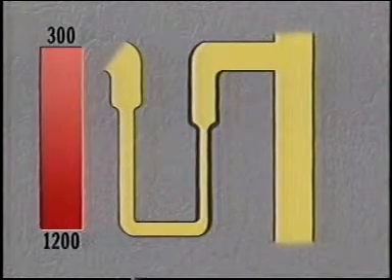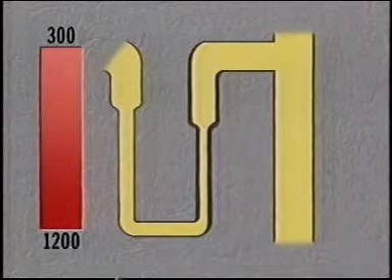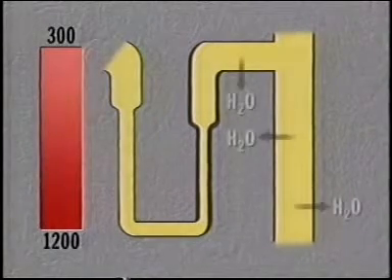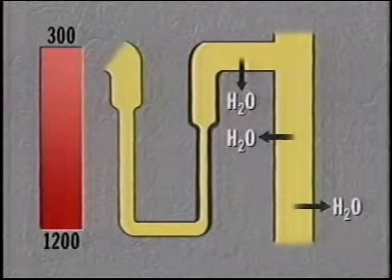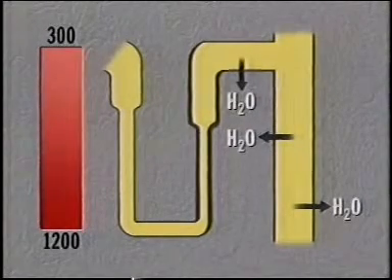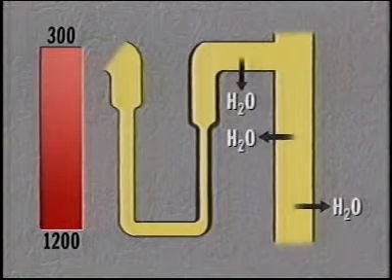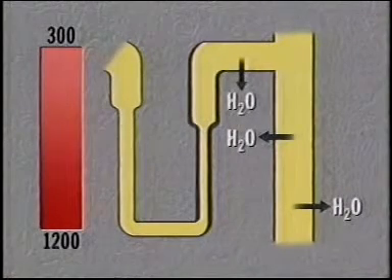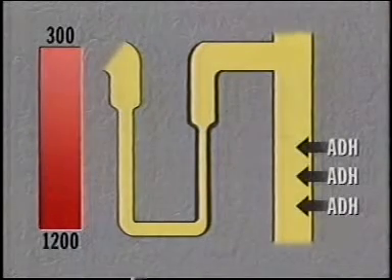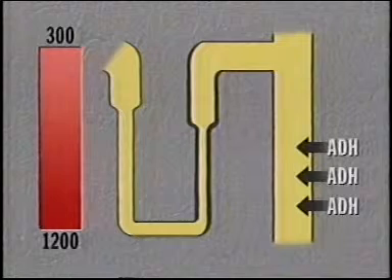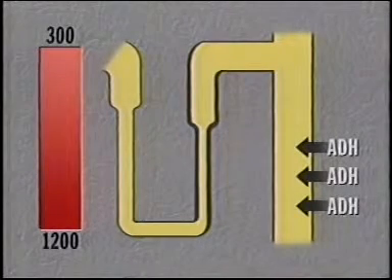As fluid moves down the collecting duct, the increase in osmolarity in the medulla causes water to move out passively. Between the early distal tubule and the end of the collecting duct, water reabsorption can increase from 80 to over 99%. Water reabsorption is increased by antidiuretic hormone, which increases the permeability of the collecting duct to fluid.